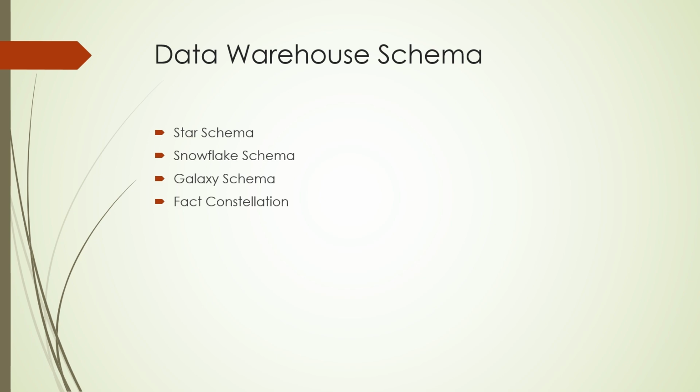The fact table aggregates the metrics, measurements, or facts about the business. The fact table is connected to dimension tables to form a schema architecture representing how the data is related within the data warehouse.